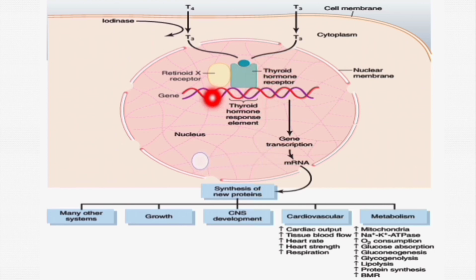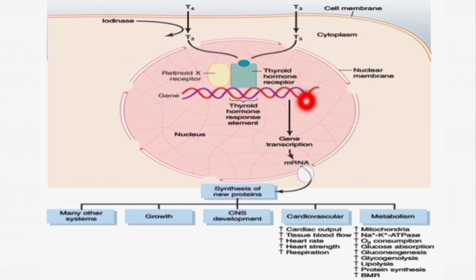Now, here on the genes or chromosome there are receptors for the thyroid hormone, called thyroid hormone receptor, and it is always present in combination with the retinoid X receptor or RXR. Together this is called thyroid hormone response element, as you can see here.